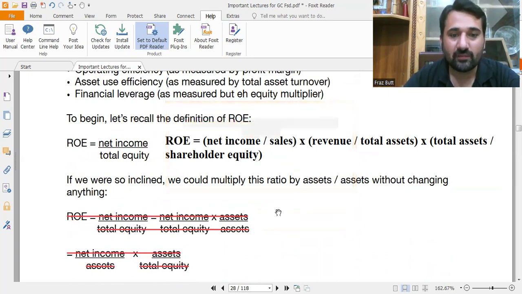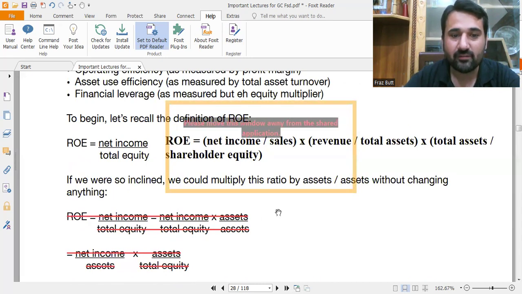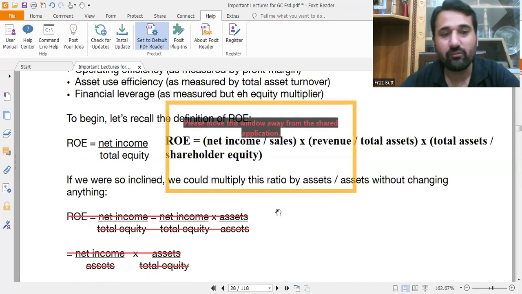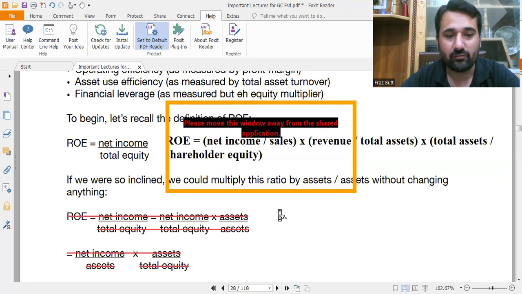You will have the net income, the sales, the revenue, the amount of total assets, and the amount of shareholder equity, and you have to put those figures into this formula, and from there you will calculate your return on equity.